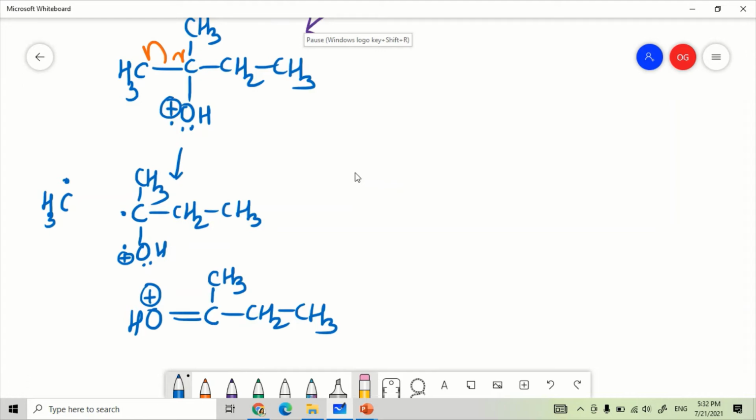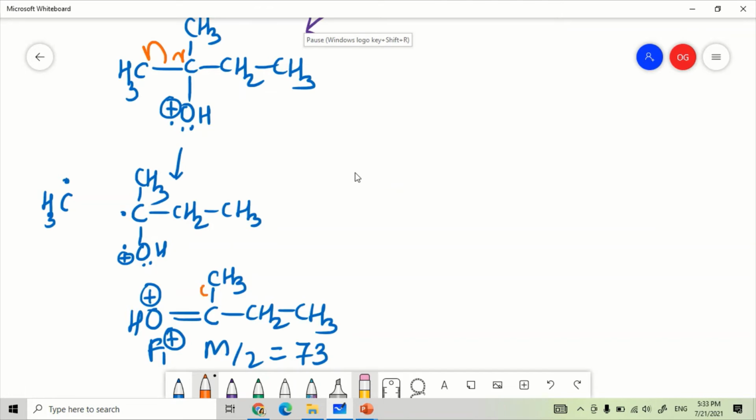So this is the oxonium ion of this particular compound, my first fragment, with m/z value 73.